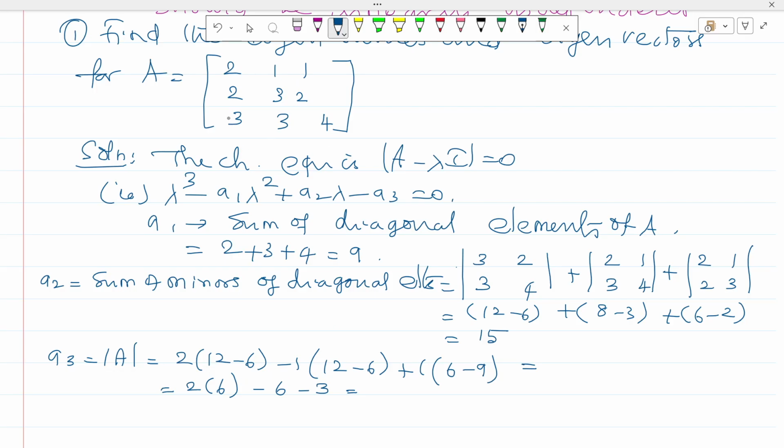Minus 1 into 2 into 4, that is 8 minus 6, so you have to calculate carefully. 2 minus 2, we get 7 plus 7.